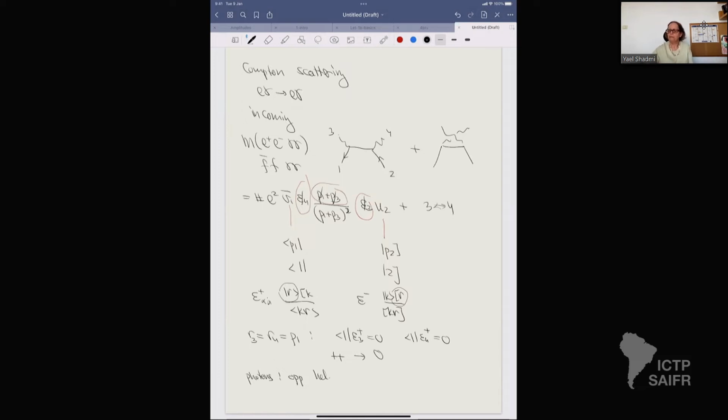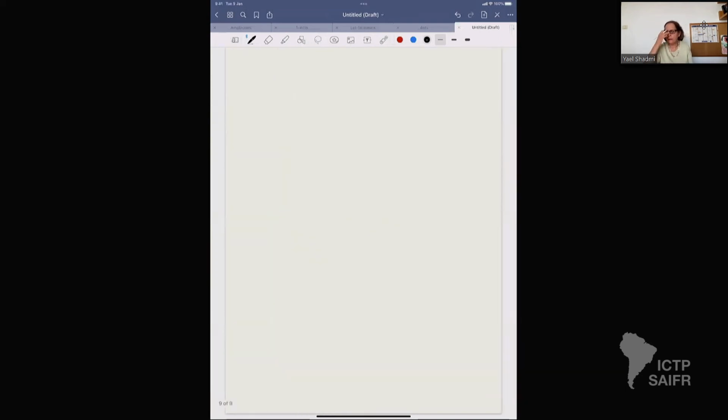Okay, so now let's calculate some amplitude where the photons have opposite helicities. We can take, for example, 3 plus and 4 minus. And then we can plug in the polarization vectors. Remember that in this case, epsilon 3 is of the form 1, 3 divided by 3, 1.